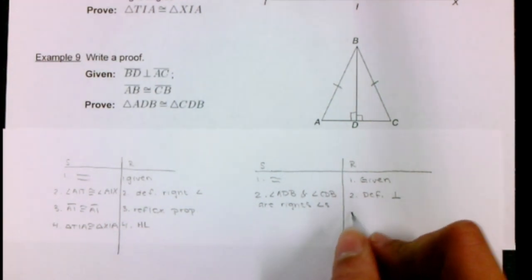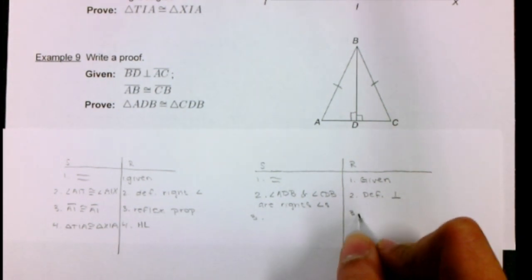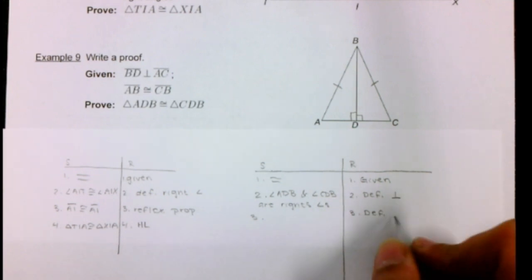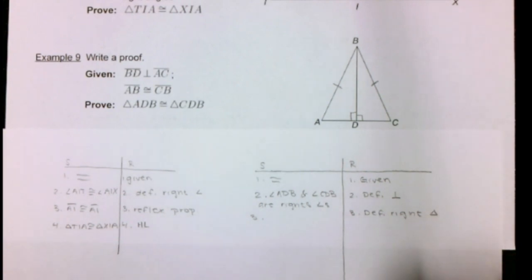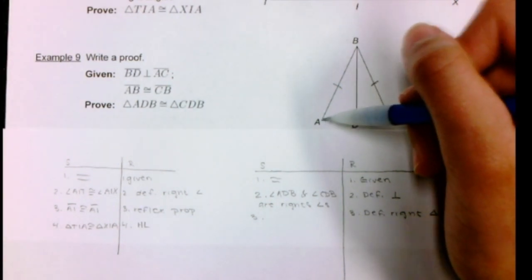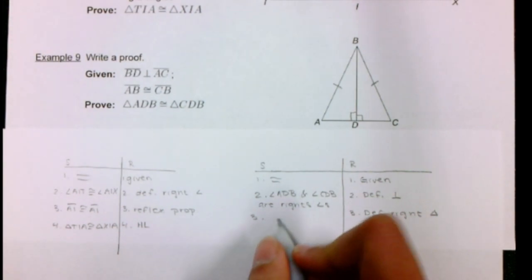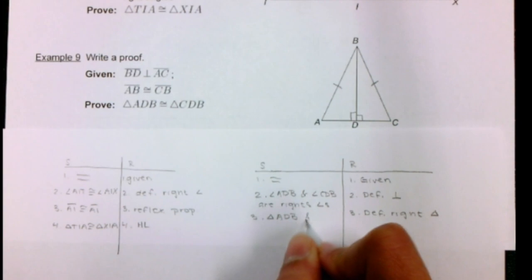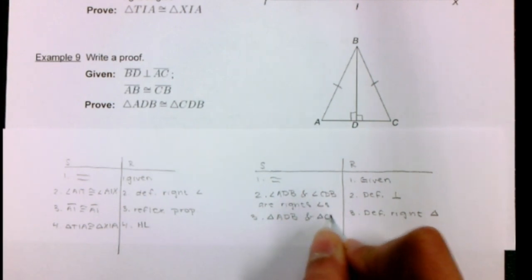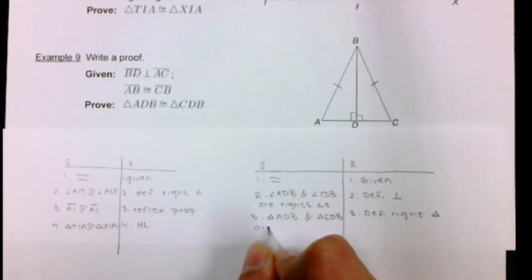And then by using the definition of a right triangle, triangles ADB and CDB are right triangles.